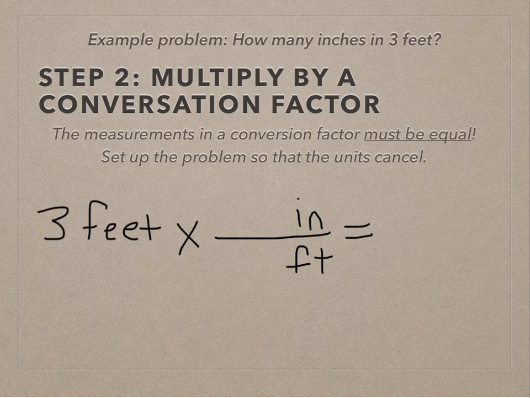Now, before I bother with any numbers, look at the units. What will the units do? Which ones will cancel? So feet right here is going to cancel with feet right here, and you're going to be left with inches.